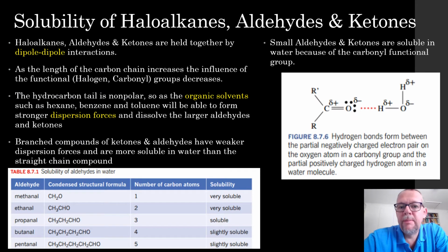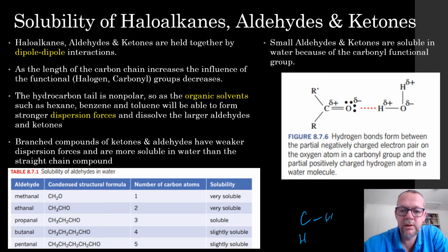When we consider the solubility of haloalkanes or halides, aldehydes and ketones, they're generally not soluble in water except for the smaller ones. So haloalkanes, aldehydes and ketones are held together by dipole-dipole interactions. So as the length of the carbon chain increases, the influence of the polar functional group decreases. So if I've got chloromethane, for example, that's got a hydrogen, and then we've got a chlorine there.